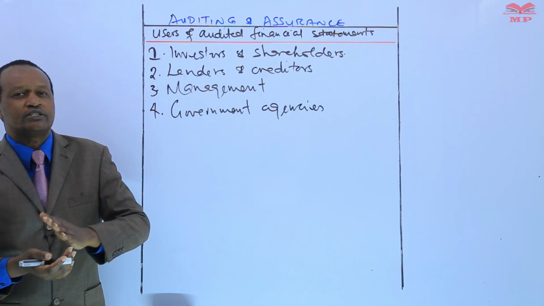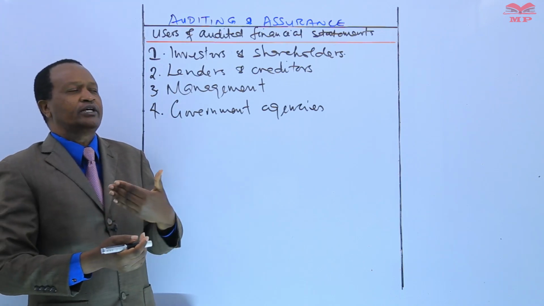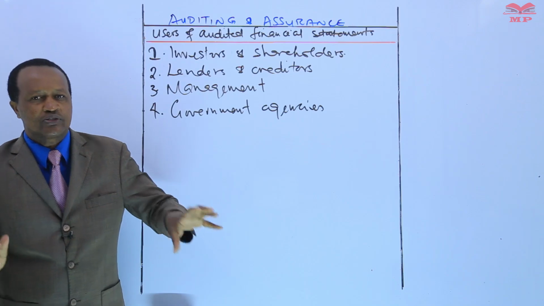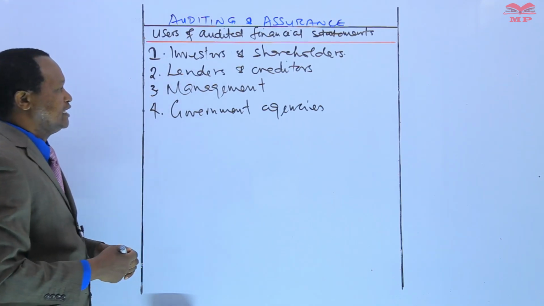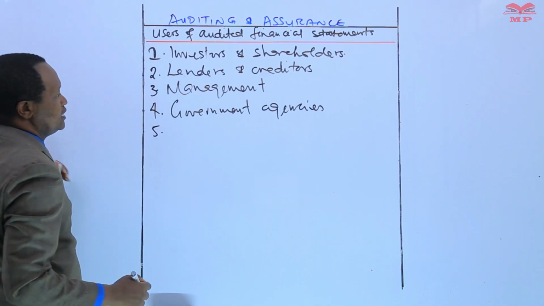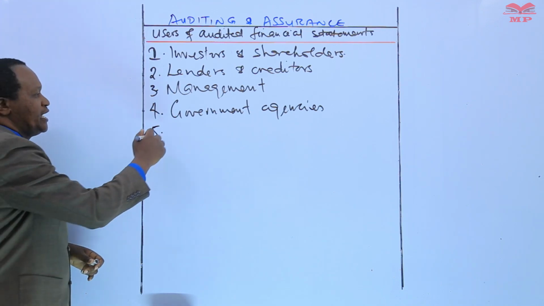And regulatory bodies may also use them to monitor industry trends. They may use audited financial statements to assess the overall health of the economy and so on. Government agencies.